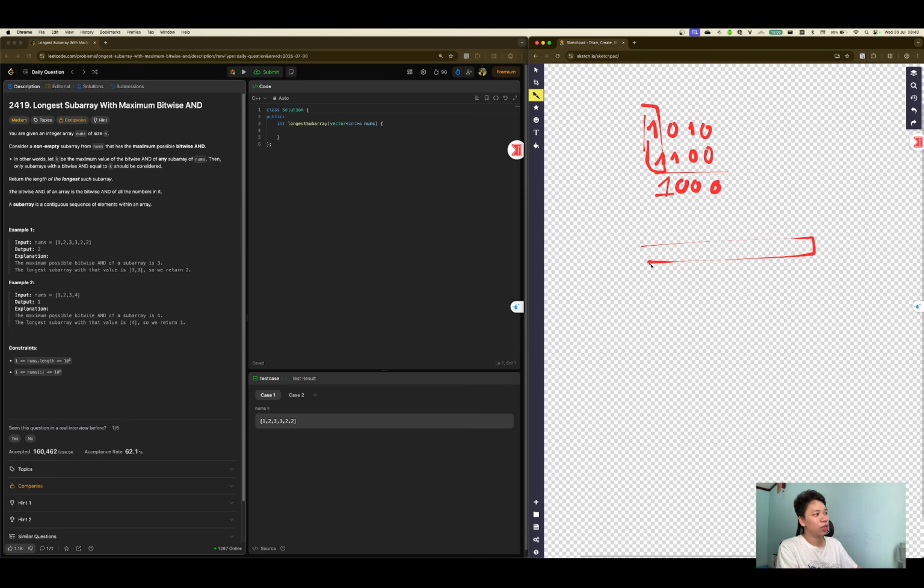For example, here you got 1 and 1, the AND is 1. But if you extend it to here, the first bit of this element is not 1 anymore. We got 1 0 here.